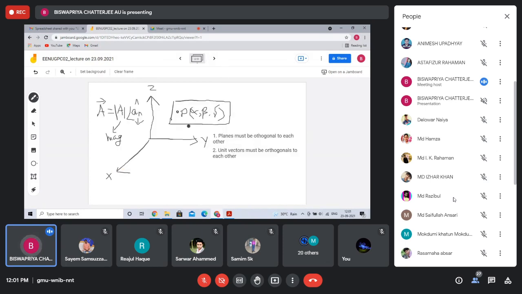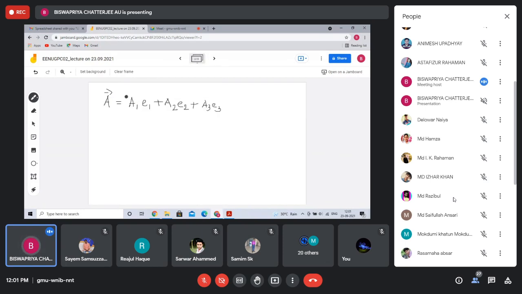So a1, a2, a3 are the magnitudes of the individual directions, and e1, e2, e3 are the unit vectors along each direction.